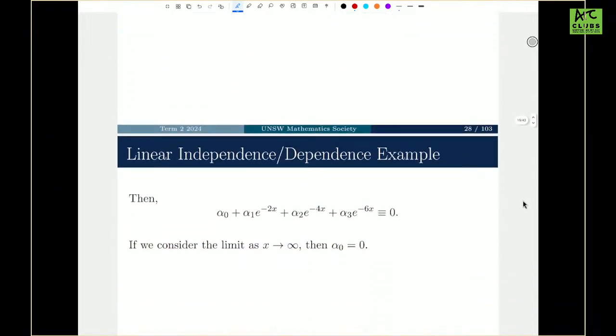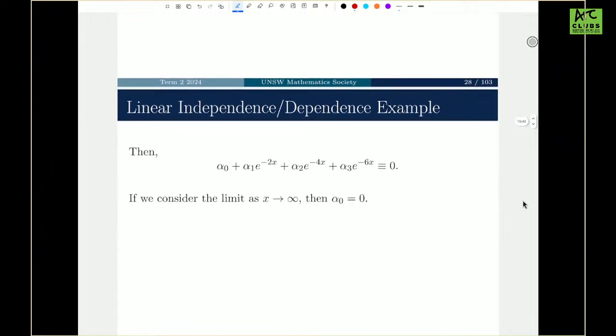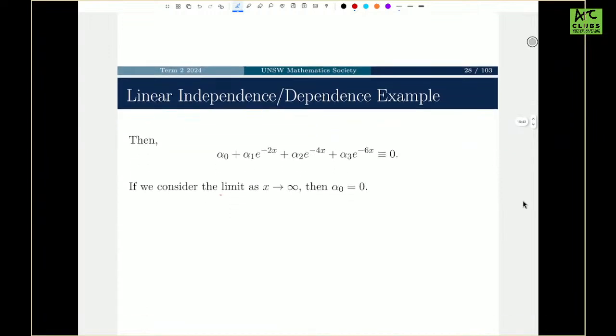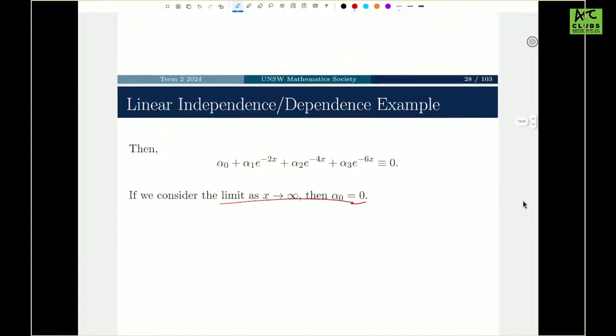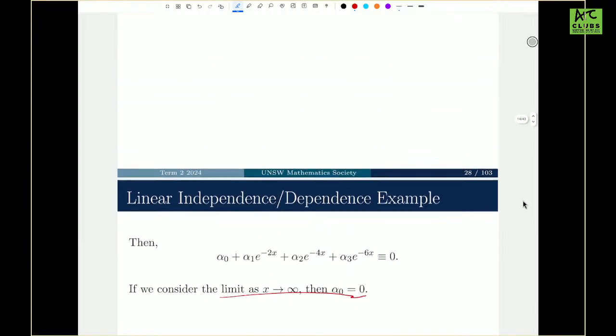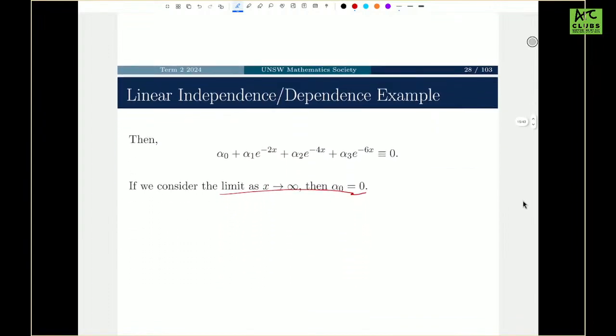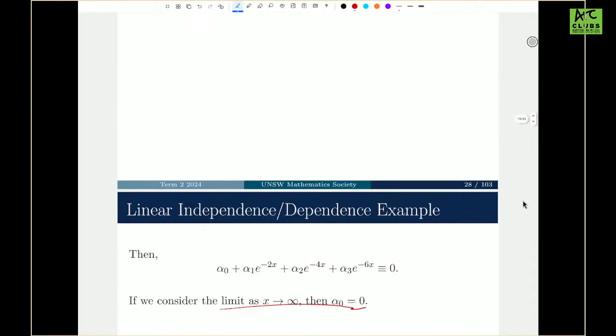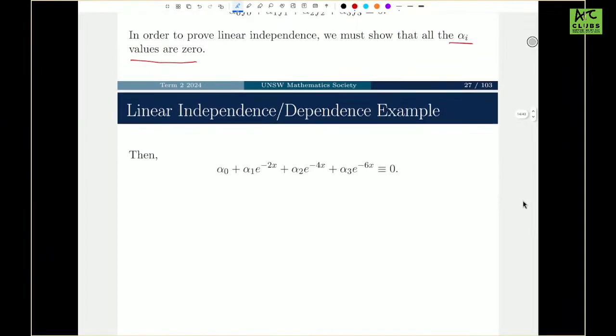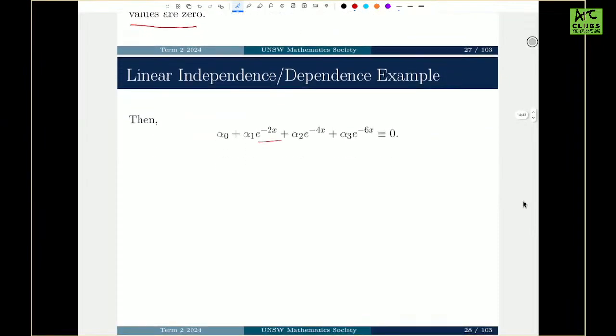Okay, and the reason why we get that, as we consider the limit as x approaches infinity, to imply that alpha 0 equals 0, is because if we take the limit as x approaches infinity, this thing just ends up being e to the negative infinity, which is just 0.